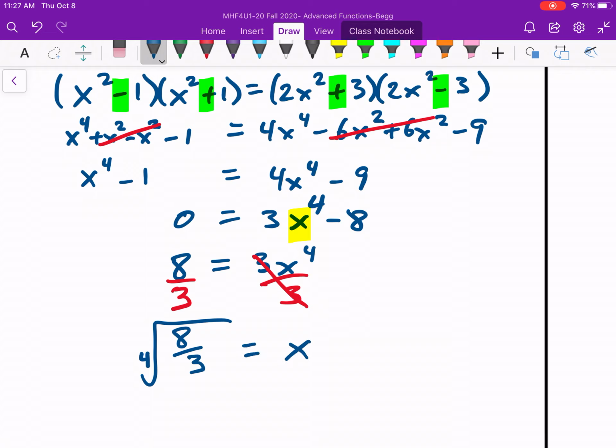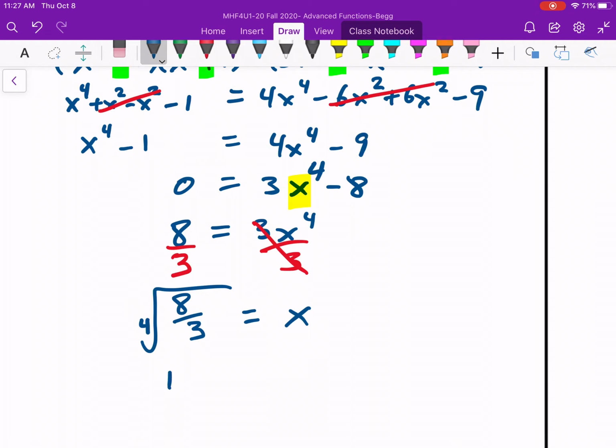And we've got x by itself, which is very exciting because it really wasn't much work. In our calculators, we can do 8 divided by 3, then take the 4th root of it, and we get 1.28, let's round it to. So our answer is 1.28.